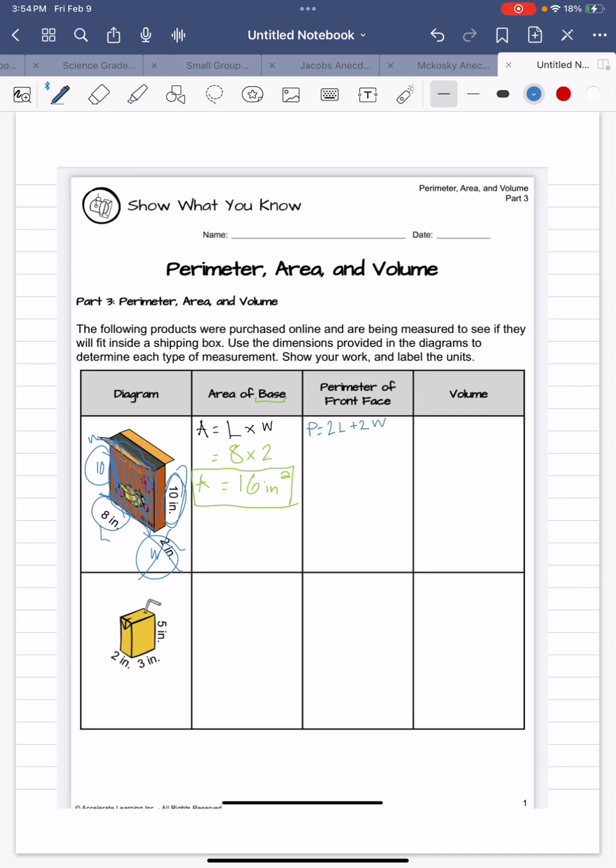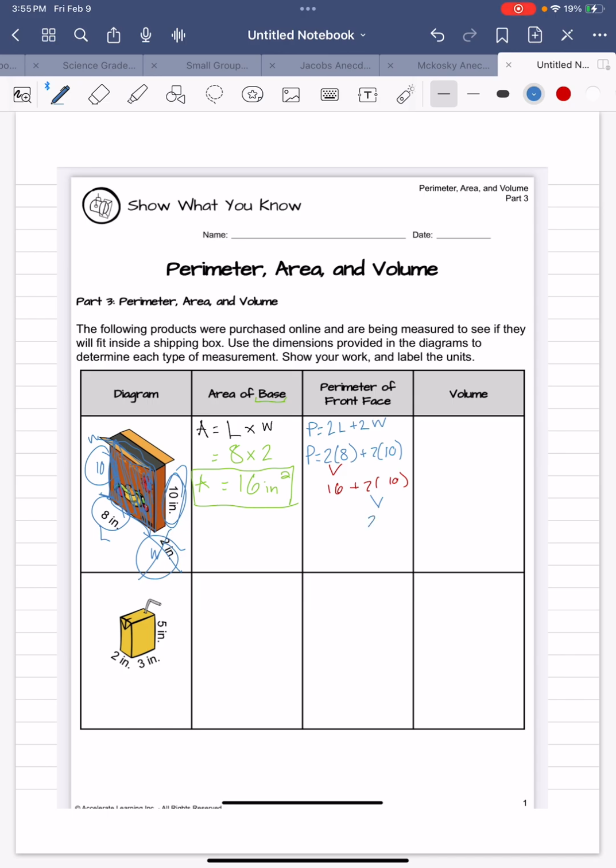So now all I'm going to do is plug and chug. I'm going to do 2 times 8 plus 2 times my 10. And as always, we're going to do one step at a time. So let's start with 2 times 8, which is 16. I'm going to rewrite my entire expression. And my next step would technically be 2 times 10, because we always start with multiplication before we do addition.